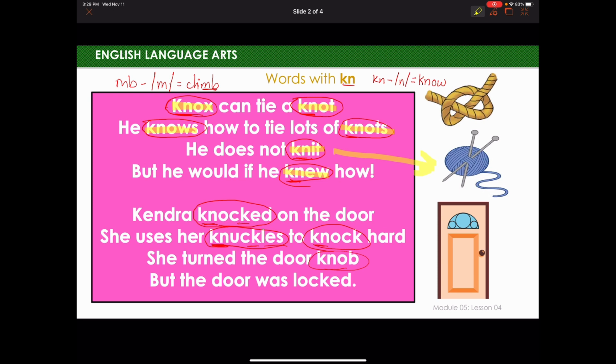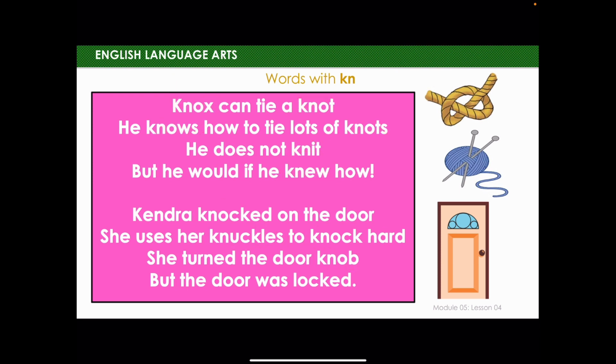Those are the bony parts in your fingers where they bend. She was knocking hard, but when she tried to turn the doorknob, what happened? The door was locked. Have you ever been locked out before? I know I have. Our key word for this lesson is silent. Silent. Write that down and send it to your teacher.